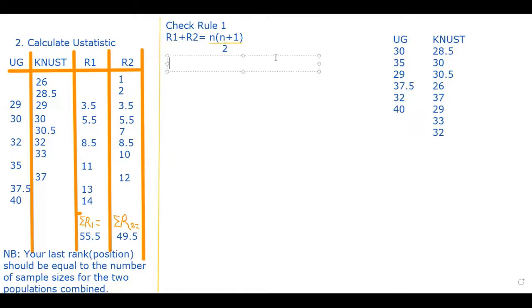Okay, so first R1 is what? 55.5, R2 is what? 49.5. Right? Yeah. You are saying it should be equal to n times n plus 1 over 2, where n here is the sample size for two populations combined, so it was 14.